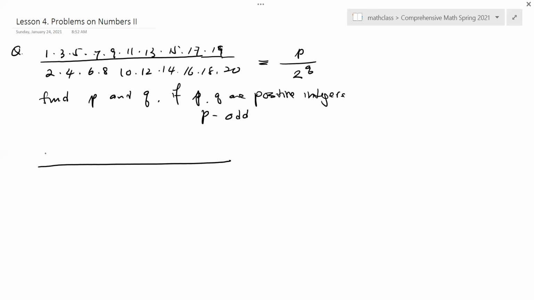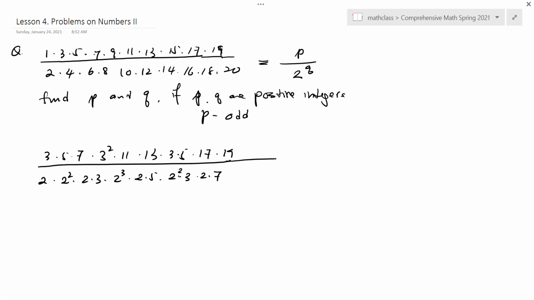So here, first of all, you have 3, 5, 7, 9 which is 3 squared, 11, 13. Most of them are prime numbers, right? 7, 17, 19. The denominator is 2, 2 squared, 2 times 3, right? 2 cubed, and 2 times 5, 2 squared times 3, and 2 times 7.